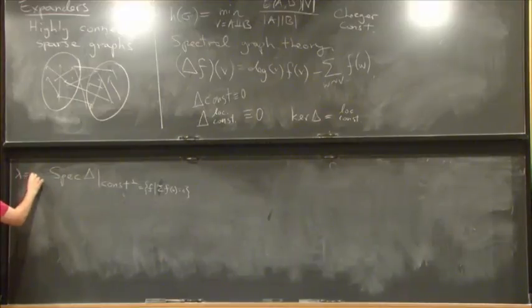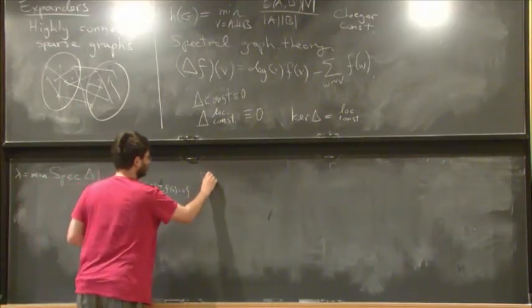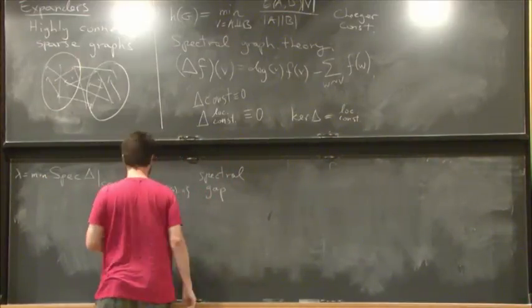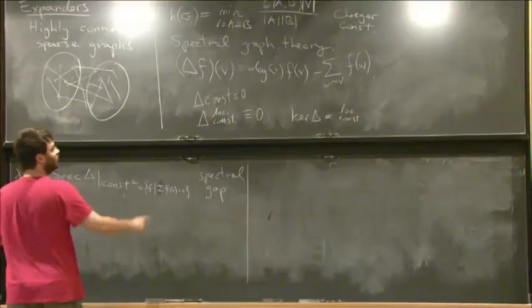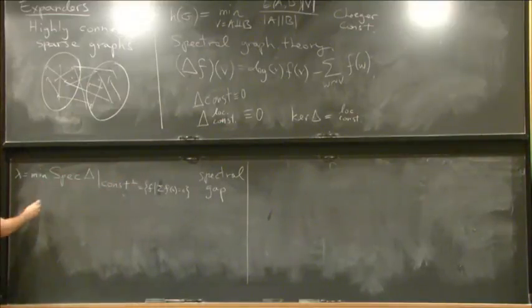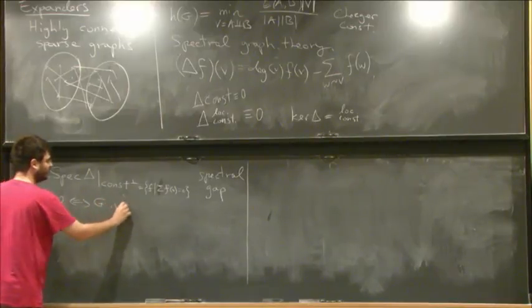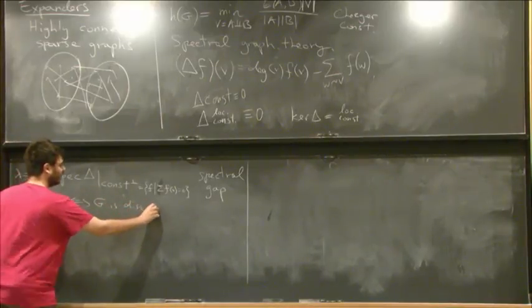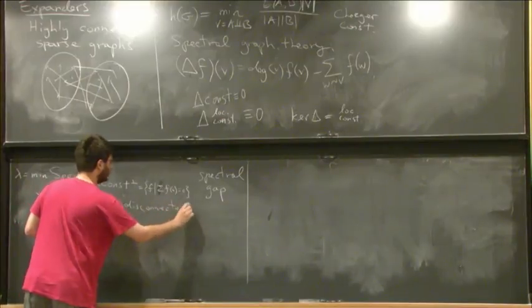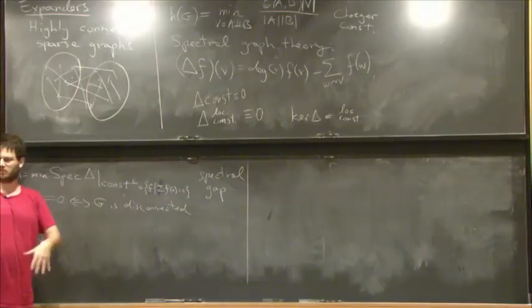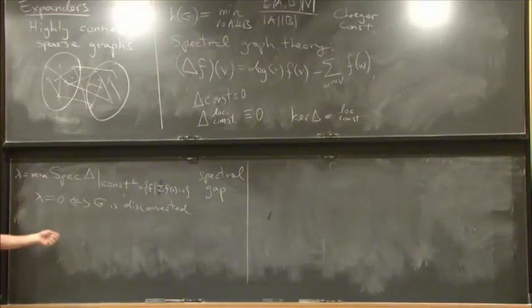We call the minimal value the spectral gap of the graph. And what we say here is basically that lambda is 0 if and only if the graph is disconnected. We can find a function which sums to 0 and is locally constant if and only if the graph is disconnected.